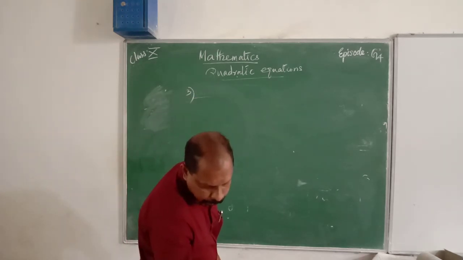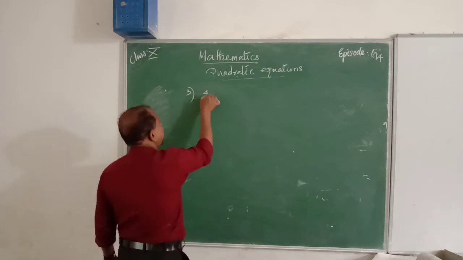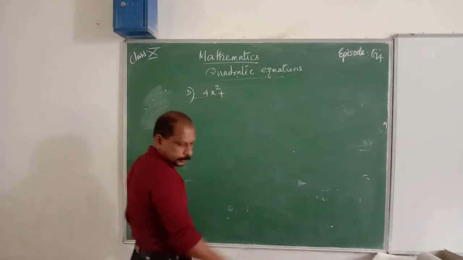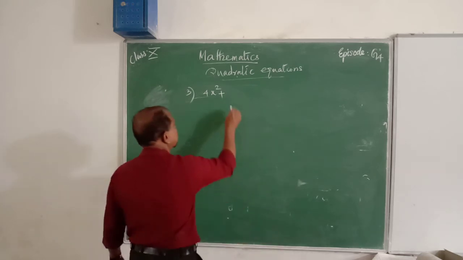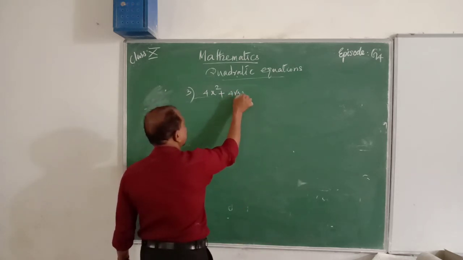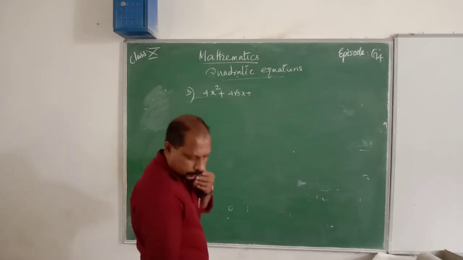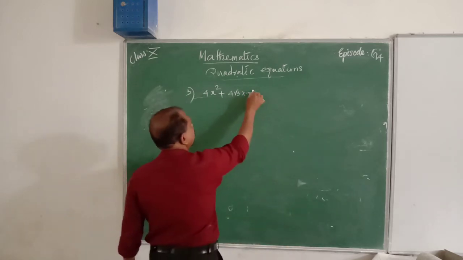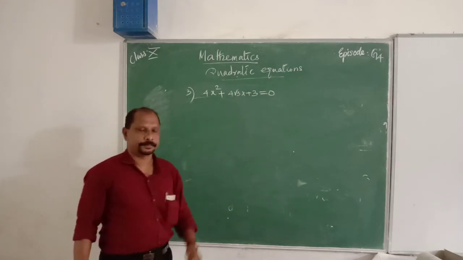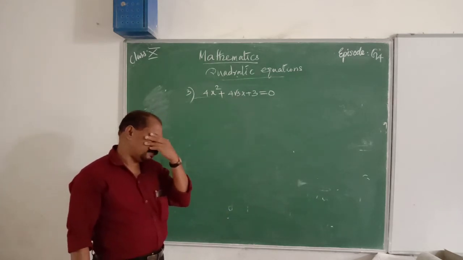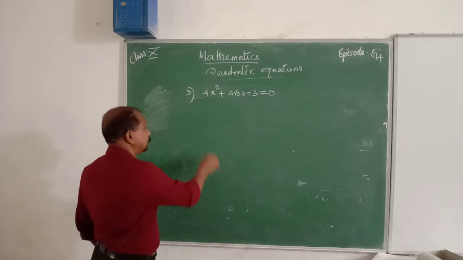It is 4x square plus 4 root 3x plus 3 is equal to 0. Is that a radical expression, root 3? Then first of all we can shift the constant to the right. That is the answer.